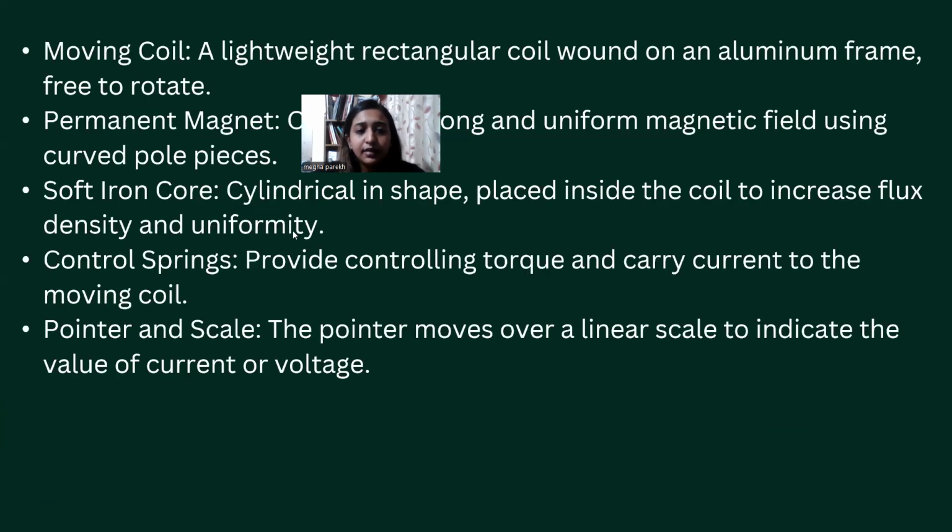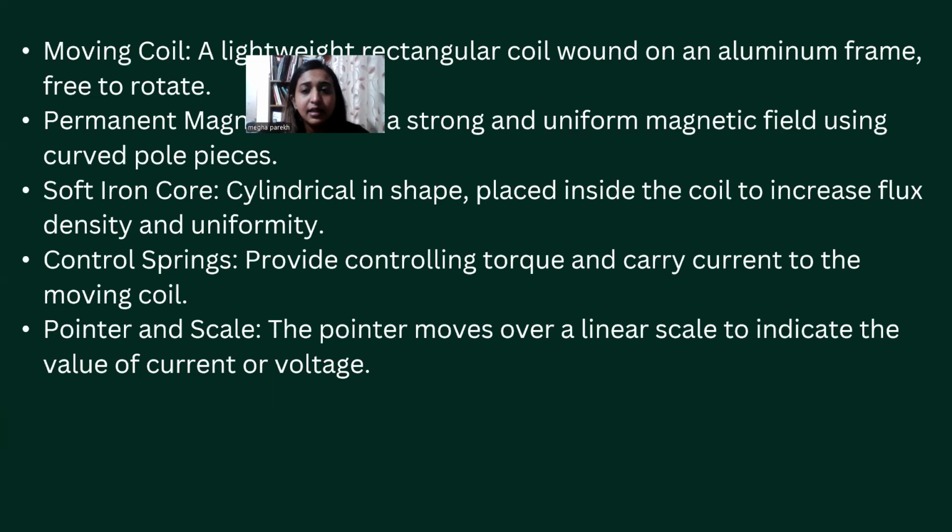Soft iron core, cylindrical in shape, is placed inside the coil to increase flux density and uniformity. Control springs provide controlling torque and carry current to the moving coil. And pointer and scale: this pointer and scale show the output of the PMMC instrument. The pointer moves over a linear scale to indicate the value of current or voltage.